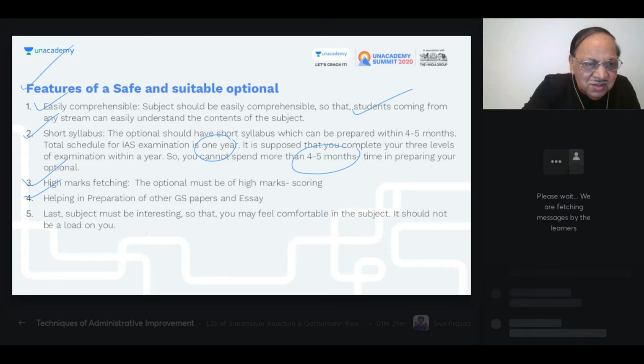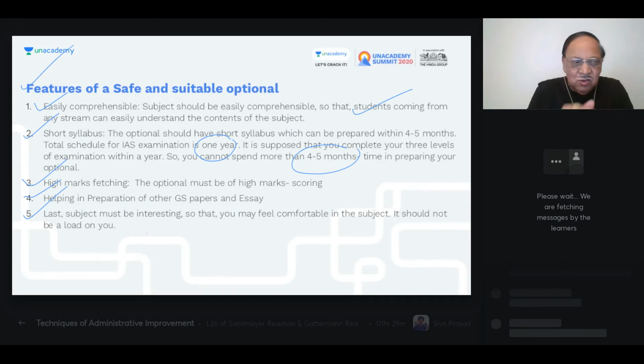Then the last: the subject must be interesting, so that you may feel comfortable in the subject. It should not be a load or a burden on you, that somehow you are going to complete the subject. That should not be the attitude and the spirit. So it is very important that the subject you choose must be very interesting.